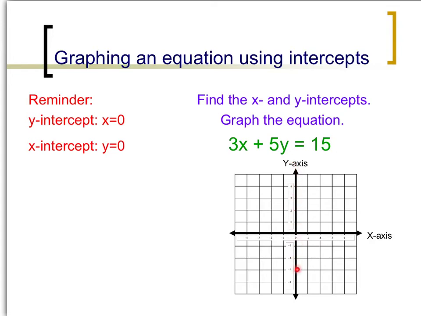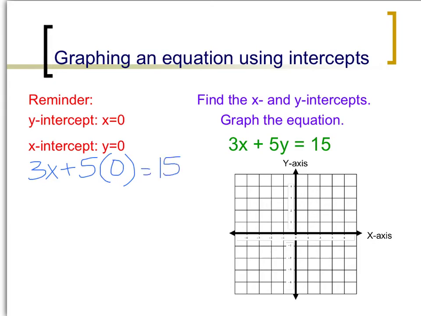On the y-axis, my x value is 0, so we would substitute 0 in for x. We're going to start by looking at the x-axis. Remember, when the graph crosses the x-axis, the value of y is 0.